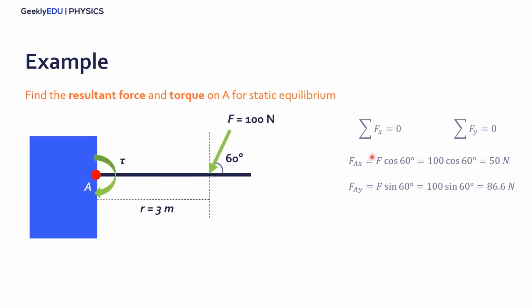We have both components here, so you can calculate the resultant vector. That's 100 newtons. And to calculate the angle, we can use the two components, 50 and 86.6. The tangent of the angle is one component divided by the other, which gives 60 degrees also.